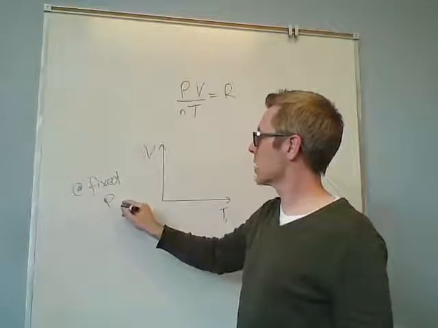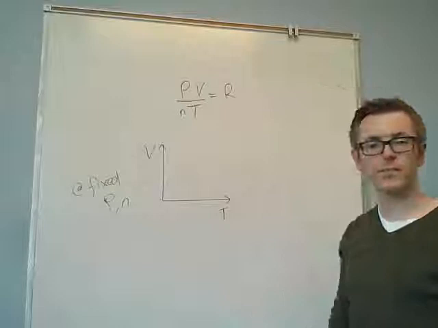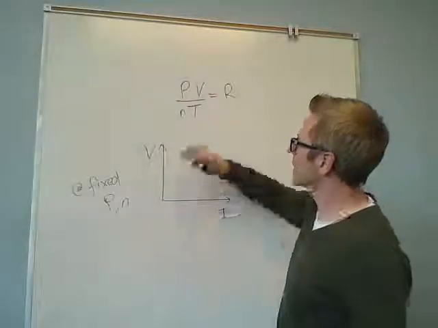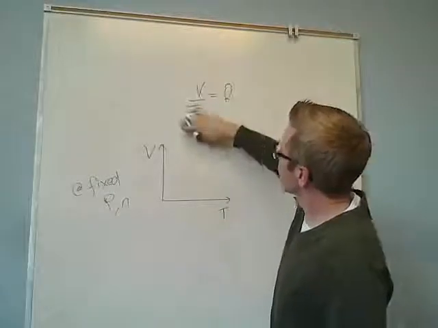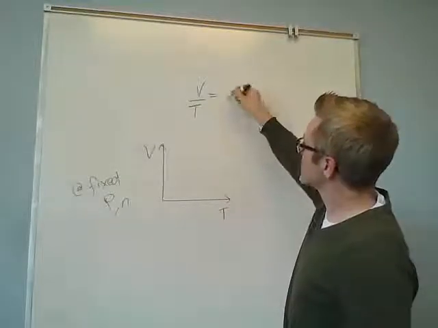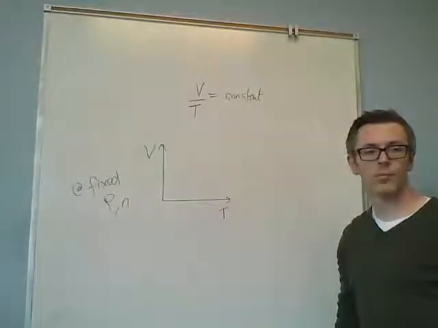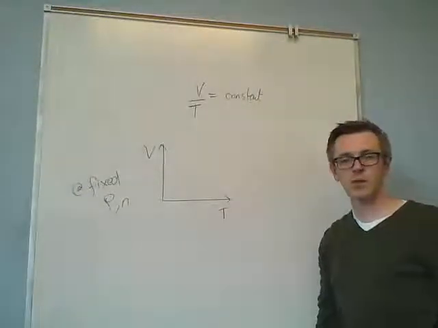So pressure is constant, moles are constant. If they're constant, we can ignore them, and we just replace this with the word constant. So V over T is a constant.